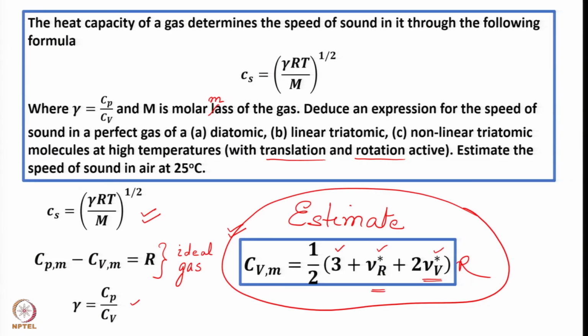And if the temperature is not high enough for the vibrational modes to be active, then nu v star is 0. But if they are active, then you put the number depending upon how many normal modes of vibrations are fully active. So, I hope that with this example, it is clear how to obtain an estimate of heat capacity at constant volume.